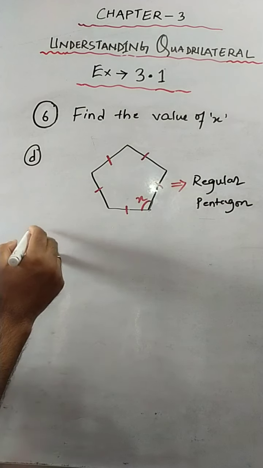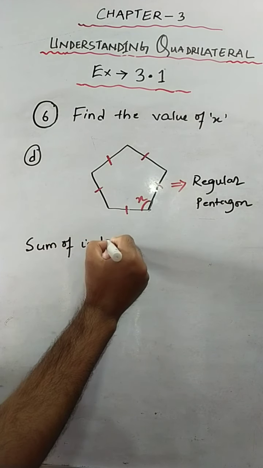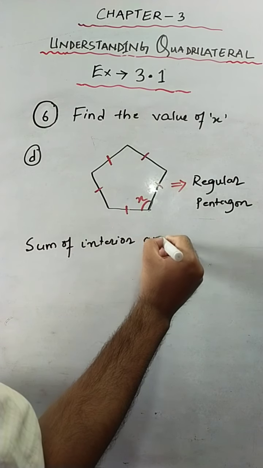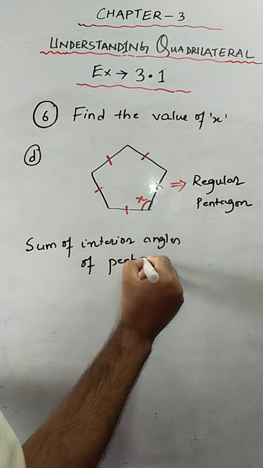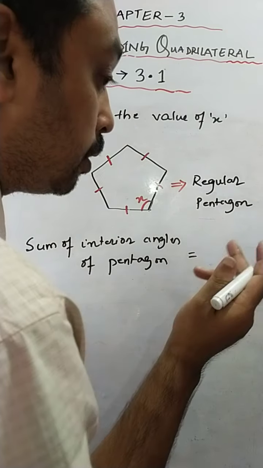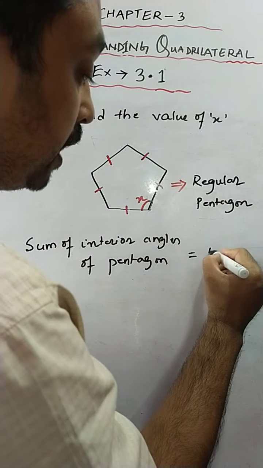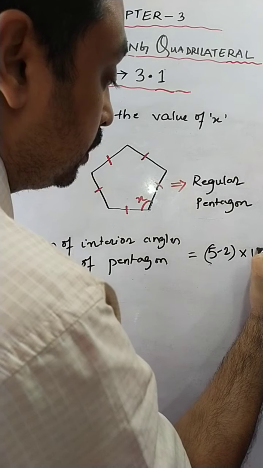Okay, just now we have done one sum regarding pentagon. So the first thing what we have to write, sum of interior angles of pentagon, that would be equals to what? (n minus 2) into 180 degrees. Pentagon means 5. So in place of n we'll put 5.